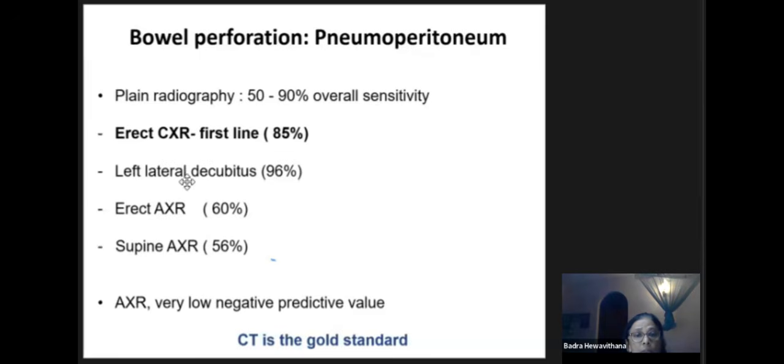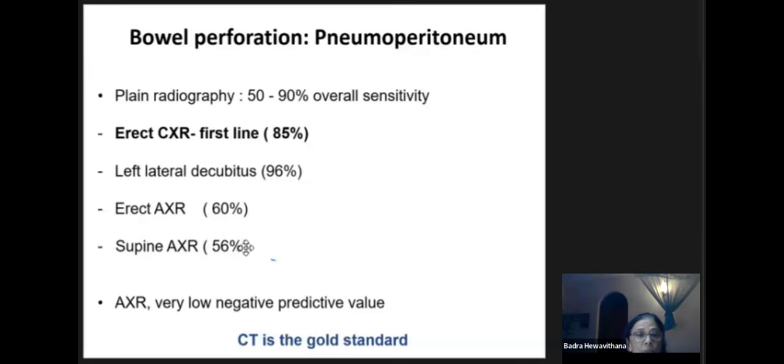Next thing, if you want to be sure to get it, with very high sensitivity, is left lateral decubitus. Or next, maybe the erect abdominal X-ray, sorry. Supine abdominal X-ray has come down in the list, but most of the time this is the case because these patients are very ill.